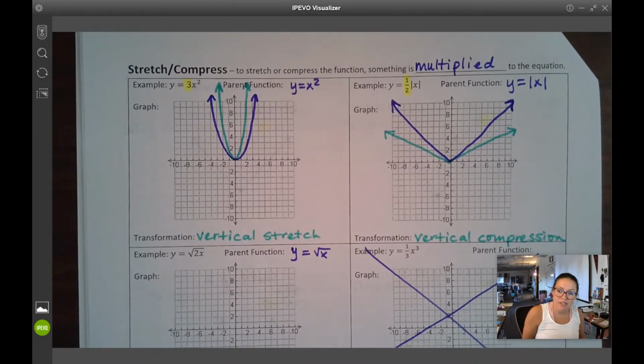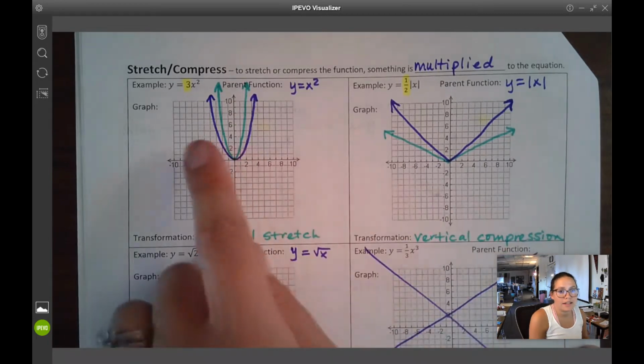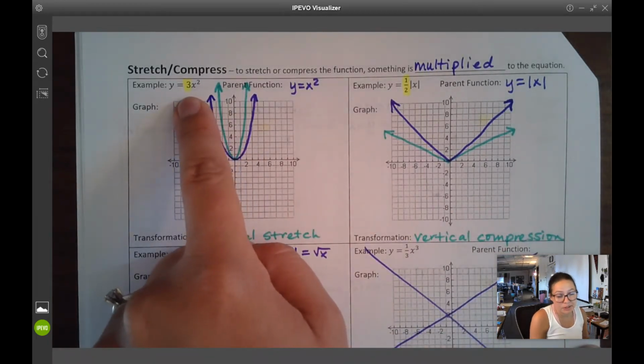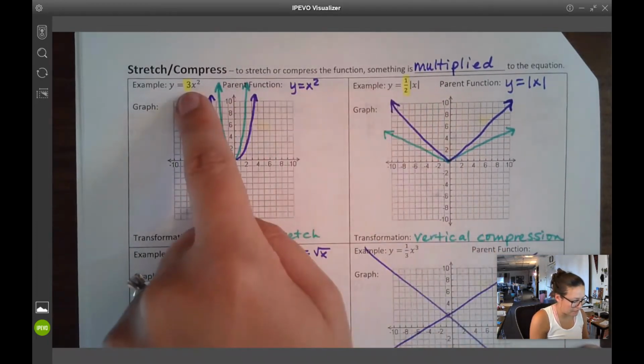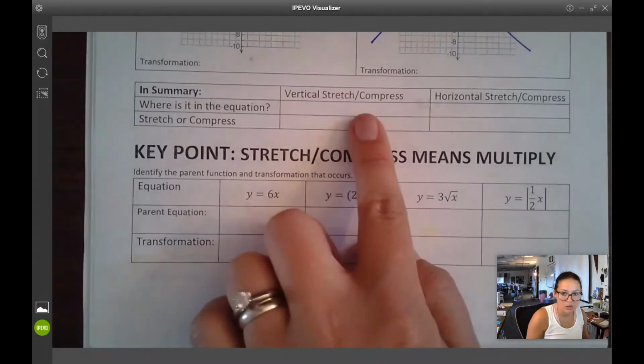Okay, so let's talk about the difference between a stretch and a compression. Well, the difference is based on what kind of number we're multiplying by. So the key difference here, let's go down to the bottom.